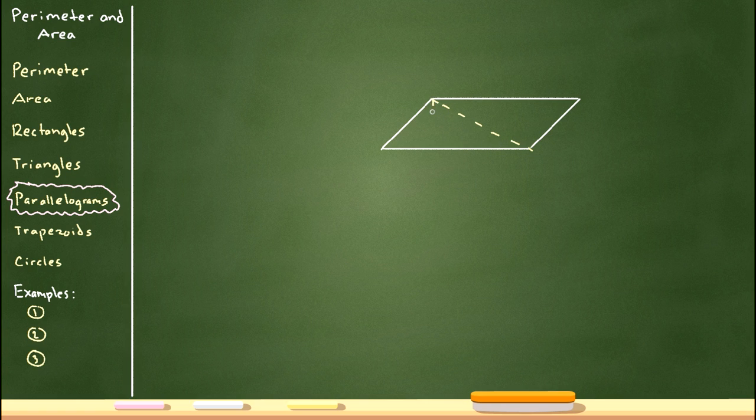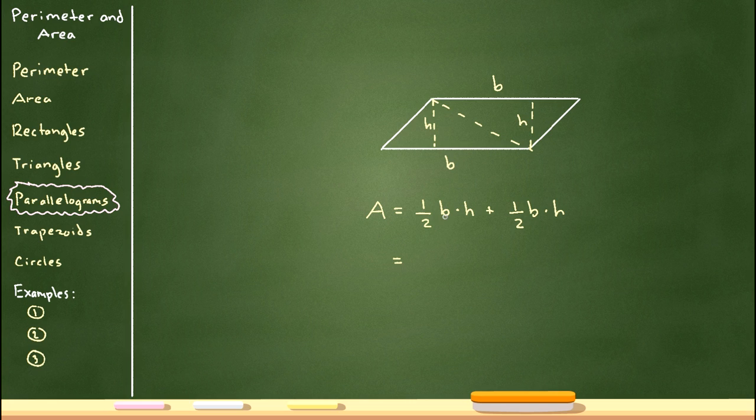Now, if this is the height here, this is the base. So the area of this triangle is 1/2 base times height, and then the area of this triangle, which has the same height and the same base, is also 1/2 base times height.